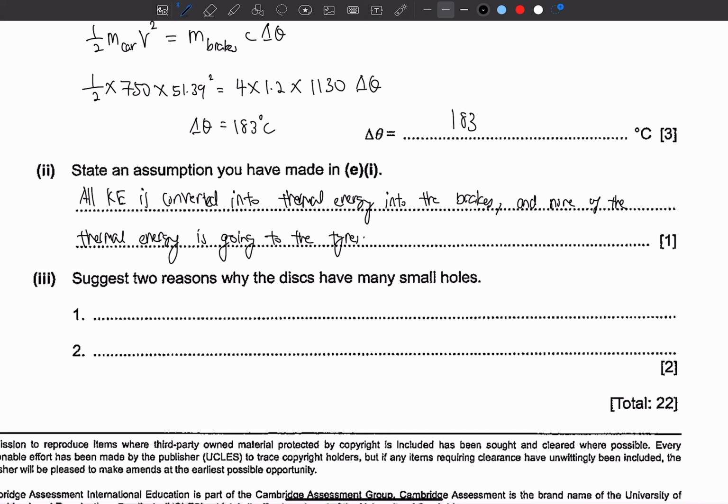Because over time, the discs experience a lot of wear and tear at high temperatures. So, in order to increase the lifespan, you have the holes in the disc to allow the air to be dispersed better.